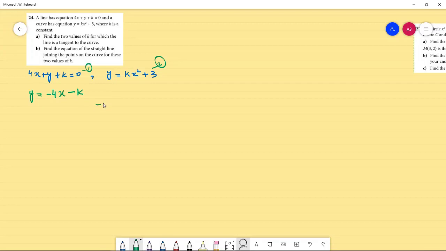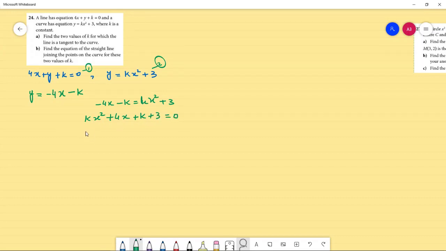So minus 4x minus k is equal to kx square plus 3. So kx square, when we shift minus 4x to the other side, becomes plus 4x plus k plus 3 equal to 0.